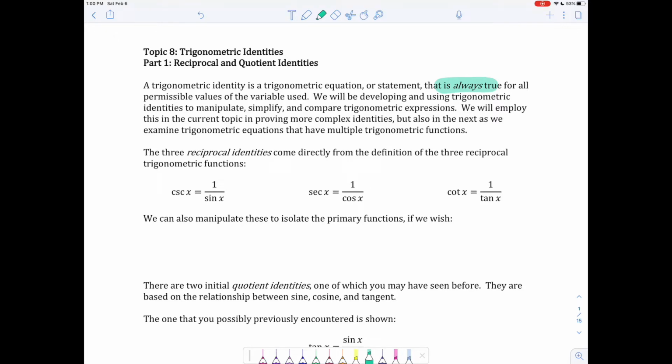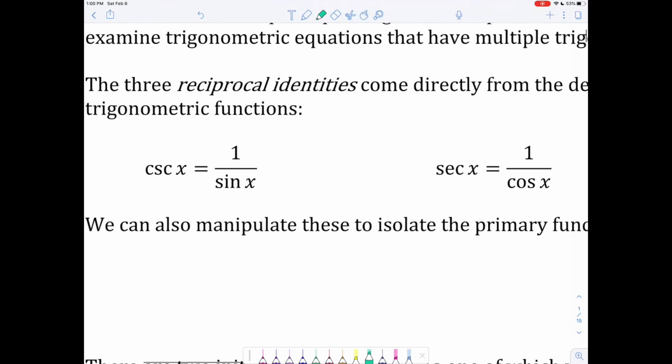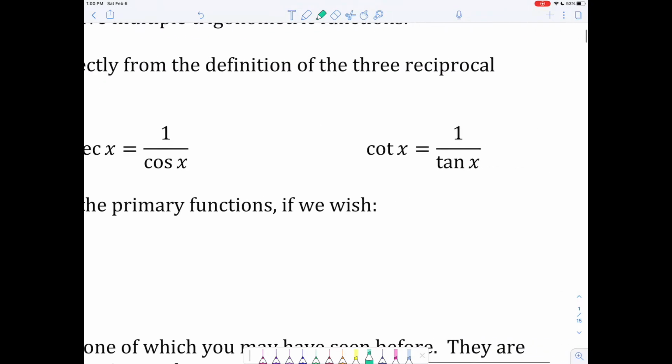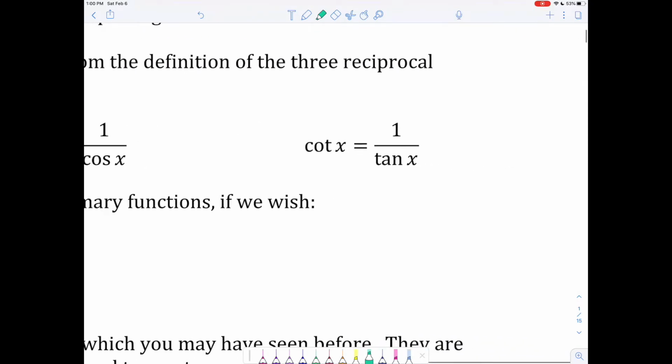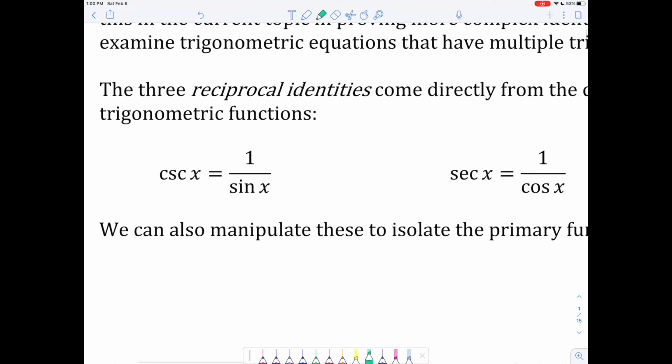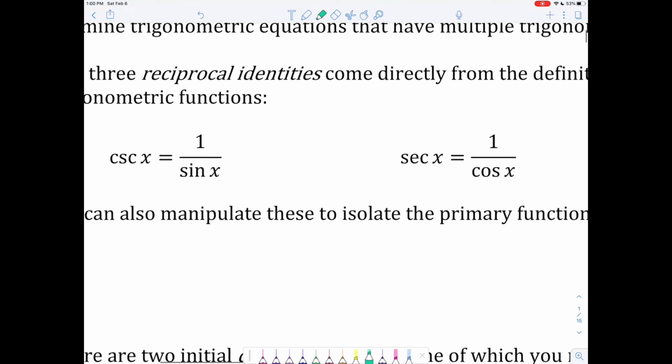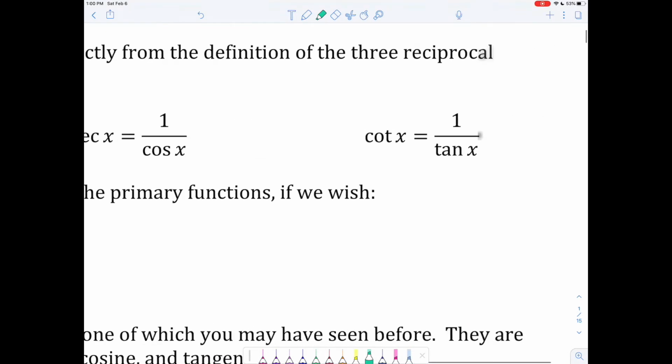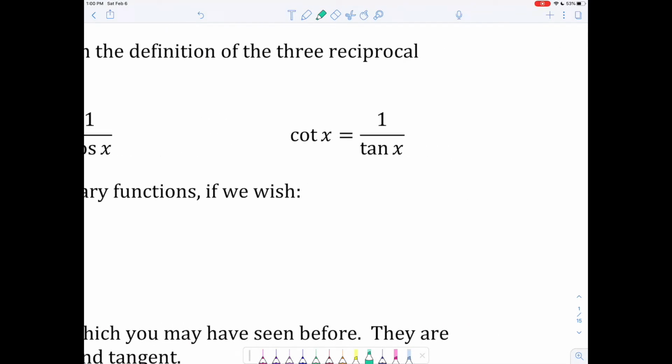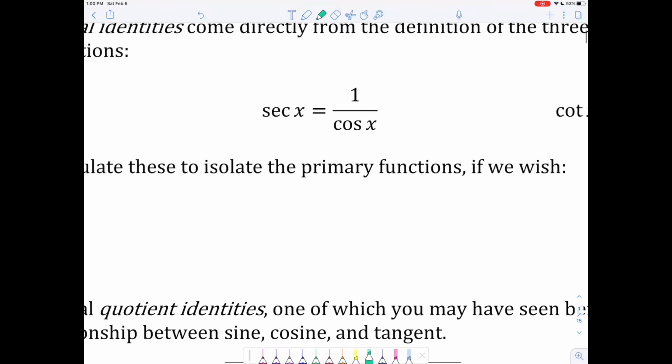So while sine, cos, and tangent are our primary trigonometric functions, we can also talk about these three called cosecant, secant, and cotangent. And they're defined as follows. Cosecant is the reciprocal of sine, secant is the reciprocal of cosine, cotangent is the reciprocal of tan. Because they are the reciprocals, these are called the reciprocal identities.